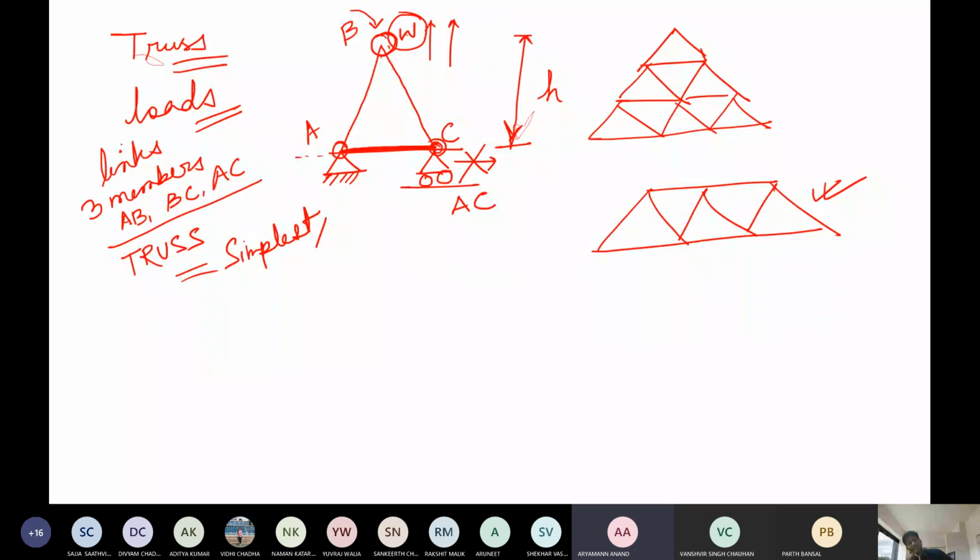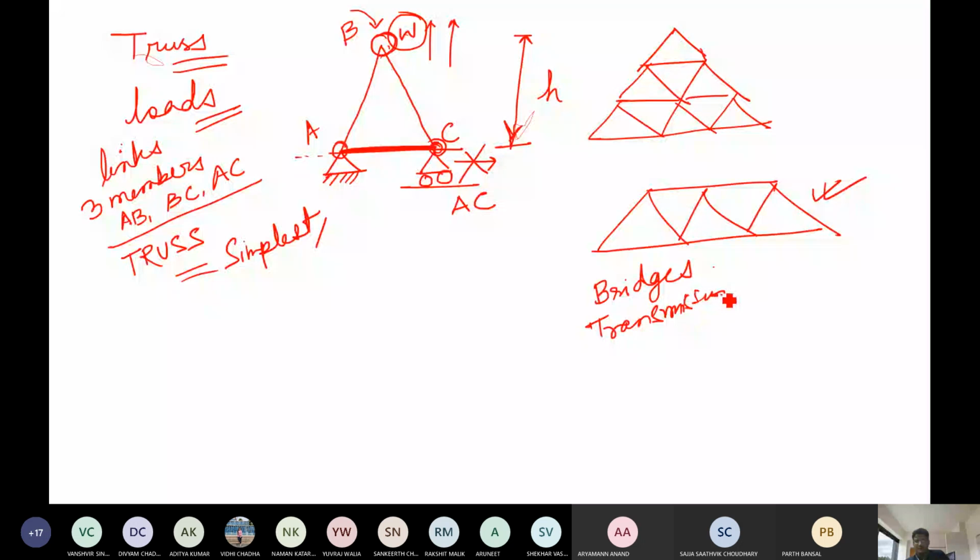We have seen such structures on the sides of bridges. Give another example. Towers, electric transmission towers. Have you seen that or not?